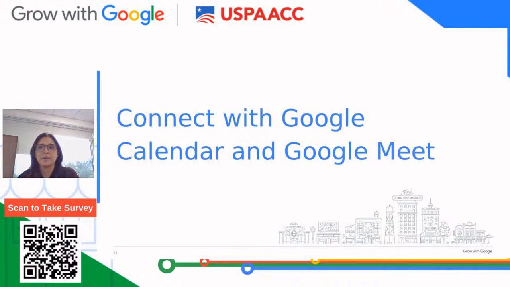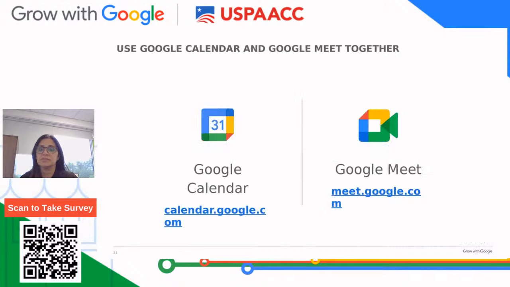Now that we've shown you how to connect with customers using a Google Business Profile, let's switch gears and talk about connecting with a different set of tools, and that will be Google Calendar and Google Meet. Google Calendar and Google Meet are available in the free consumer version of Google's productivity tools, as well as the business platform, which is called Google Workspace.